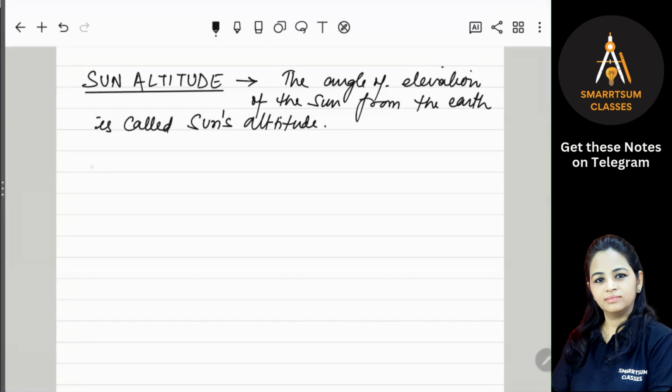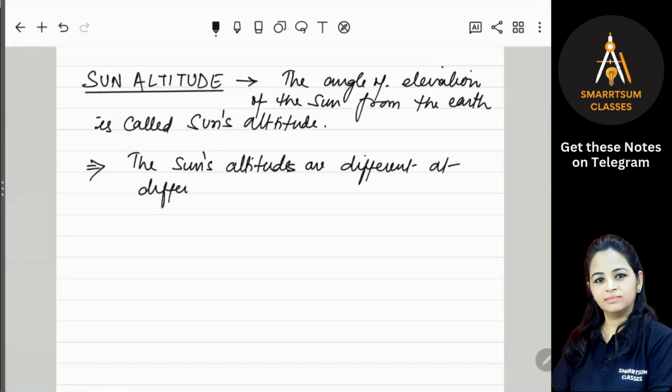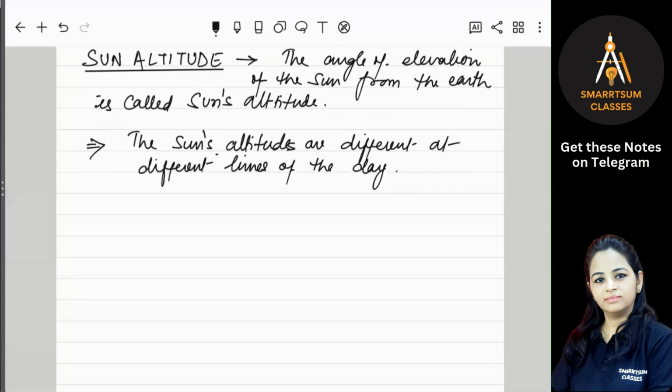So write down: the sun's altitudes are different at different times of the day. So the altitude will change after some time. Now, let's see a question based on it. Question number 4.